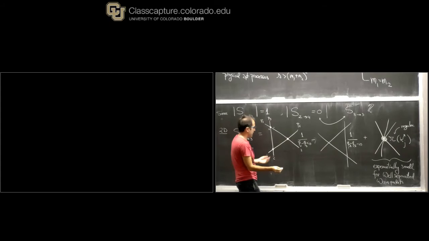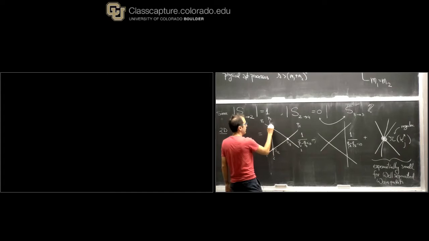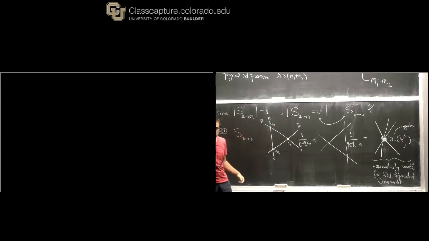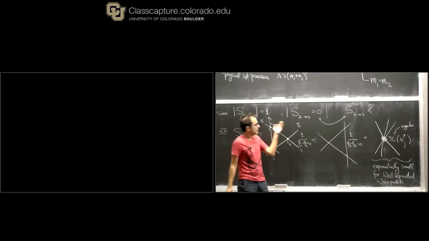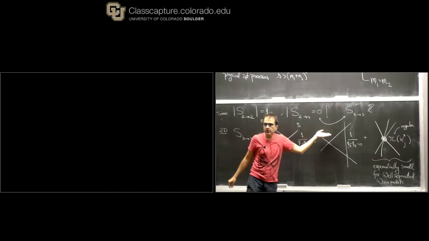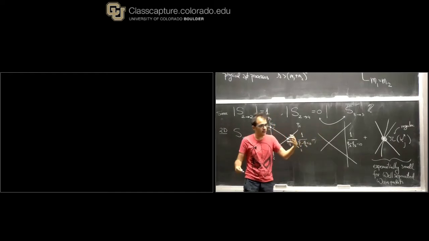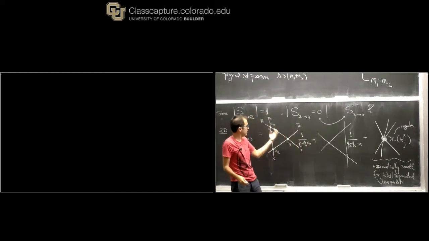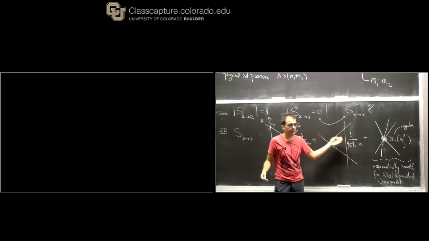You could imagine that this is a product of three functions, S12, S13, and S23. So if they are functions, then this product is the same as this product, right? But if they are matrices, if the particles have colors, this product is generically not the same as this product.